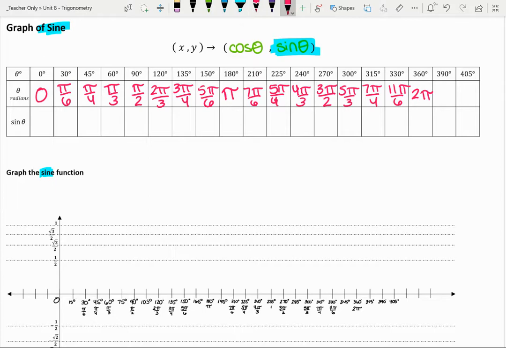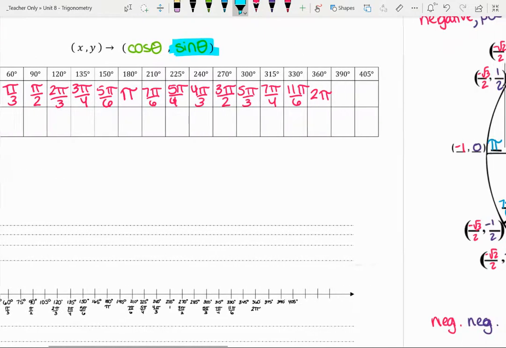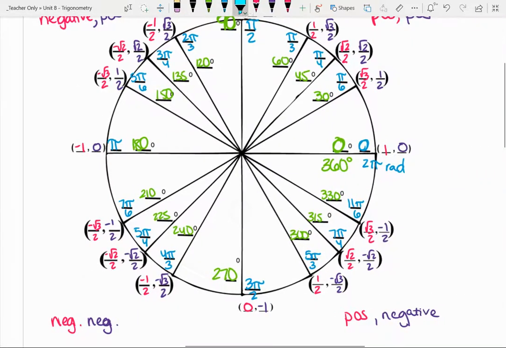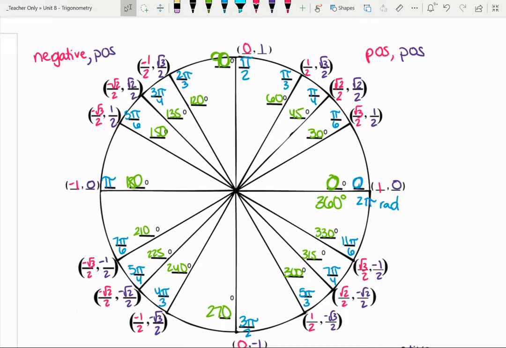Okay, so let's fill in our sine values here. And again, we already discussed those will be the y coordinates. So if I look at the first quadrant here, I'm going to have a y coordinate of 0, then 1/2, then root 2 over 2, root 3 over 2, and 1. A little thing that helps me remember that is that these middle values are always over 2.